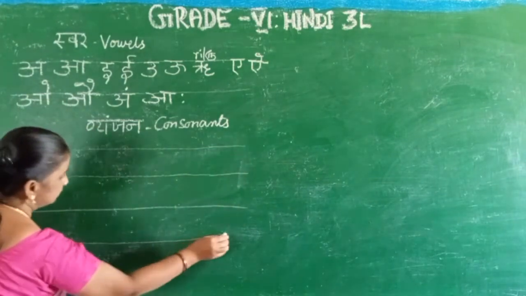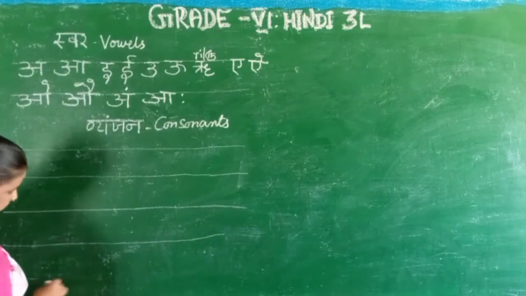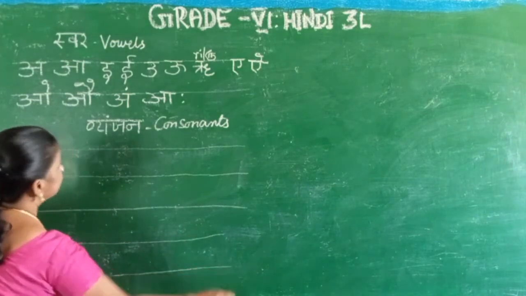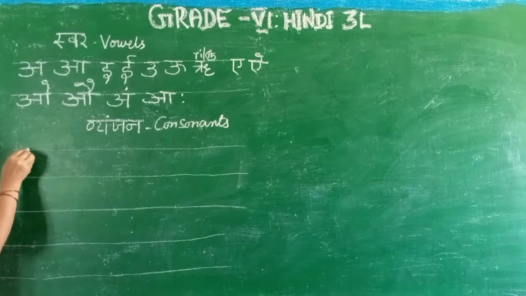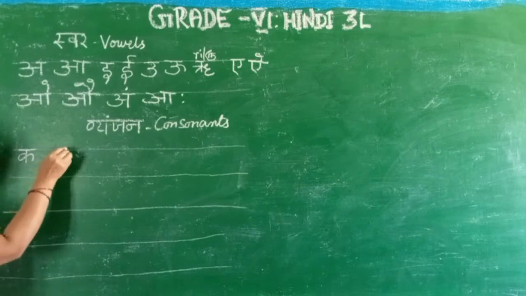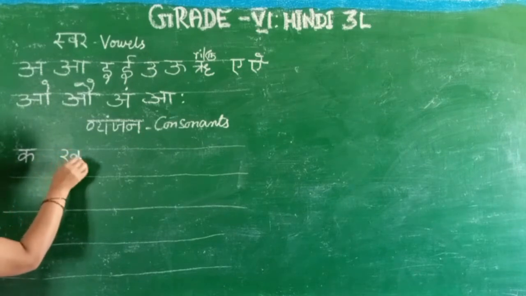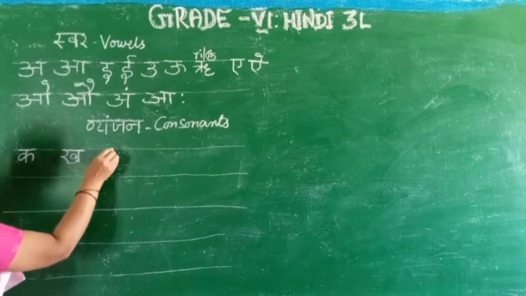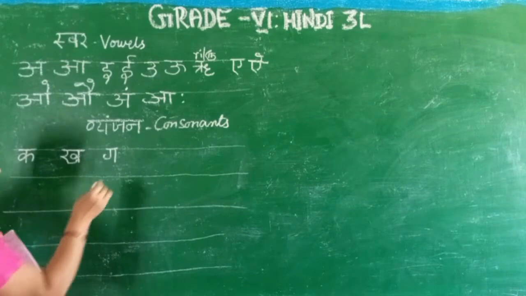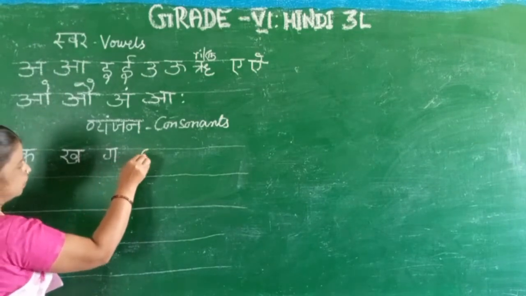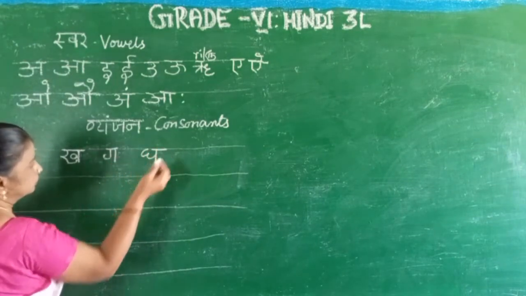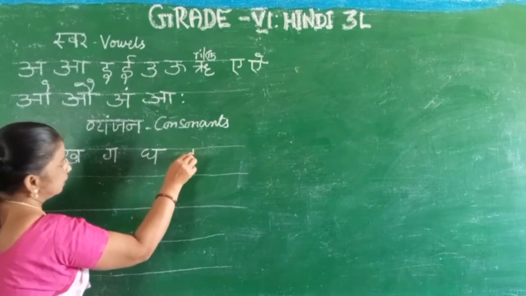Ta varga. Ta varga. See the first letter, a straight standing line, and put like this, ka. Next, kha, ha sound. Kha. Next ga, pronounced ga. Next one, gha. And next, nga.